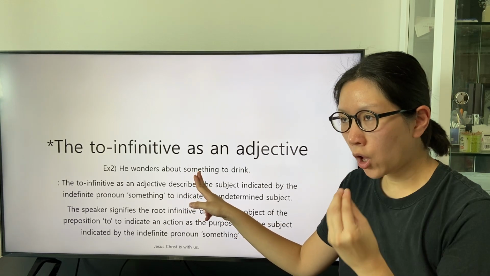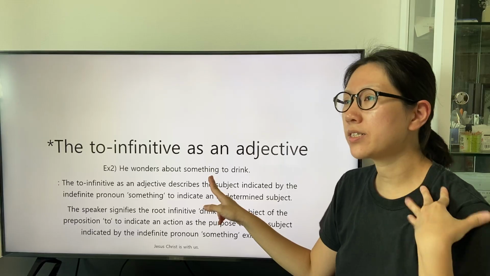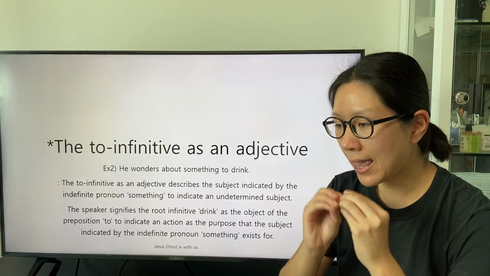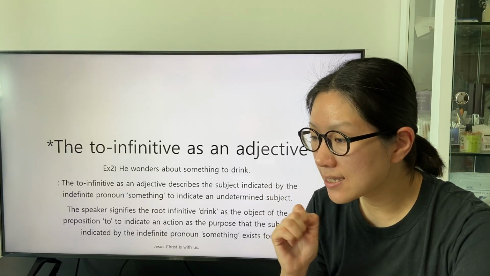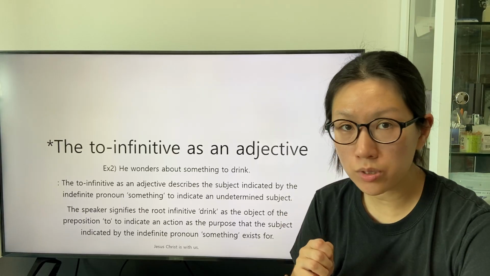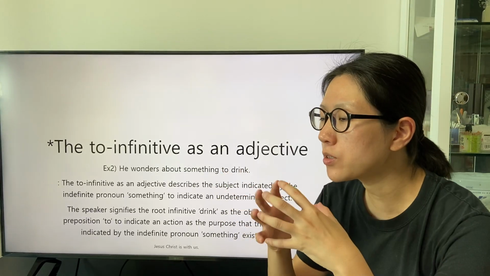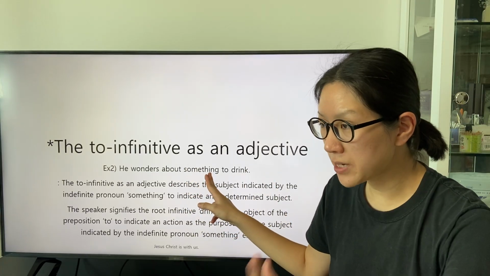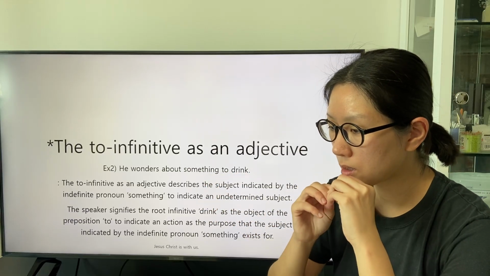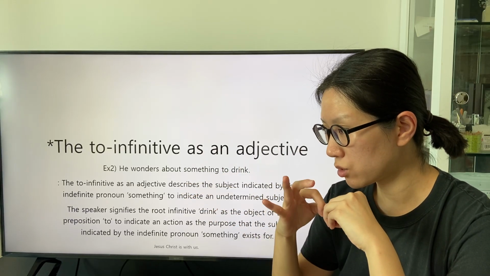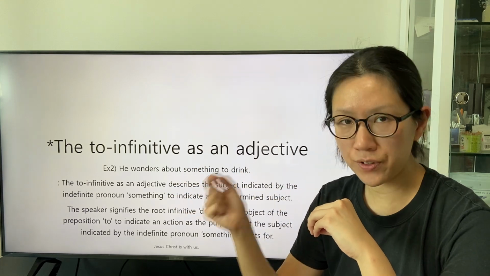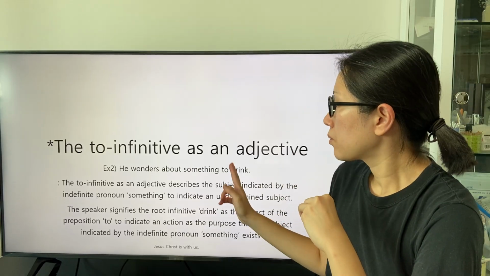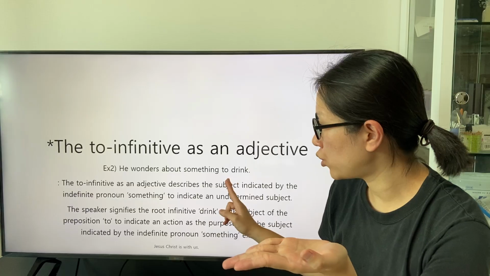And we can understand that the subject of the preposition to something exists at the present, and the present purpose, or the purpose of the existence of the subject, something, is stated to be actualized in the near future, later than the present, from the definition of the preposition to.